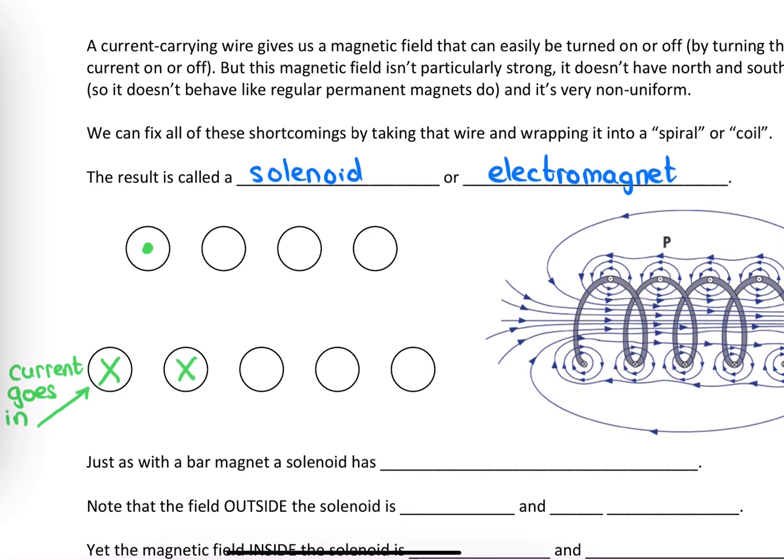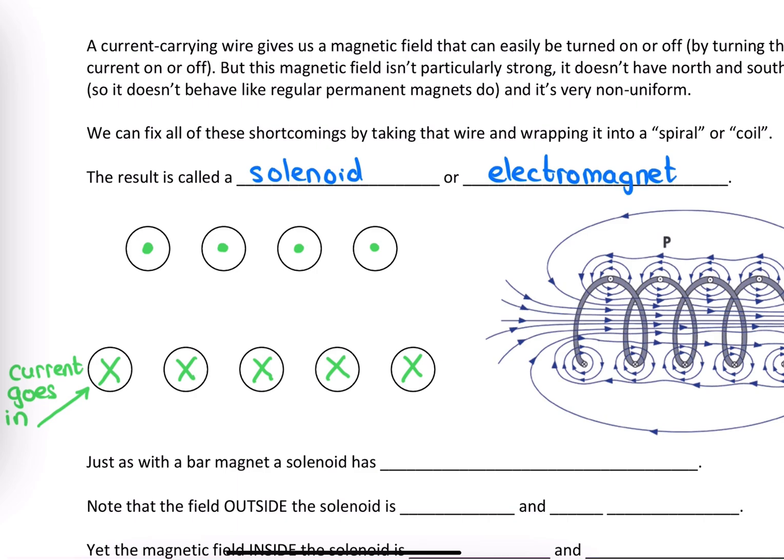We can keep going through this: out of the page at the top, into the page at the bottom. So all those X's and dots represent the direction my current is going.